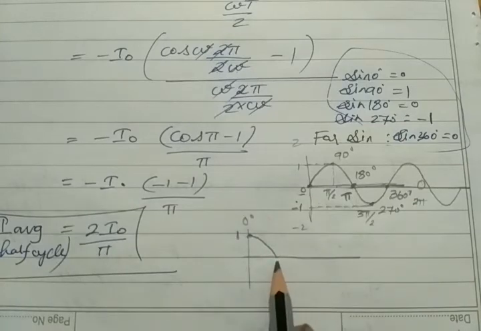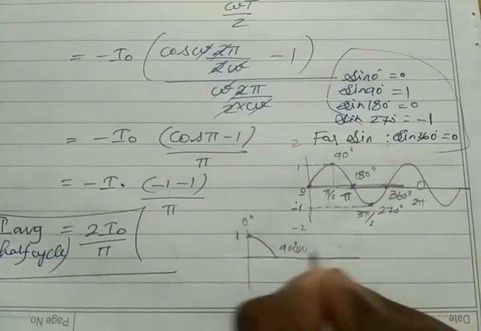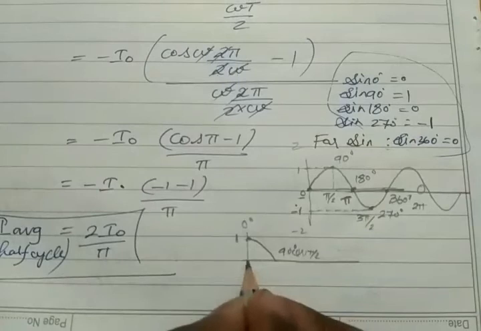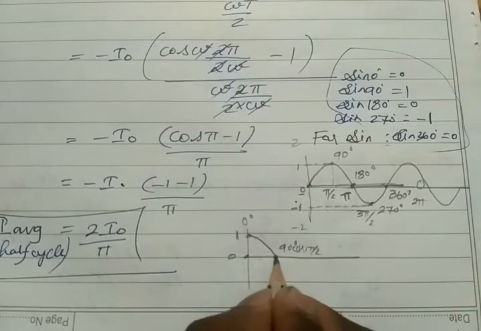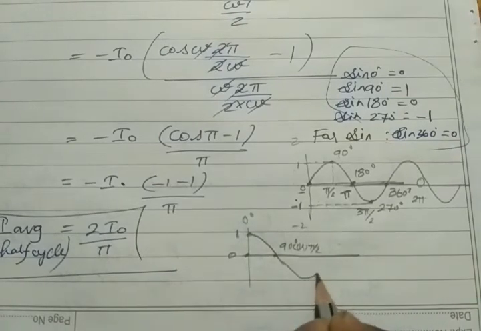Here we have cos 90. So here we have 90 degree, or pi by 2. Correct? So for cos pi by 2, the value lies at 0. Then after that the graph goes further like this.